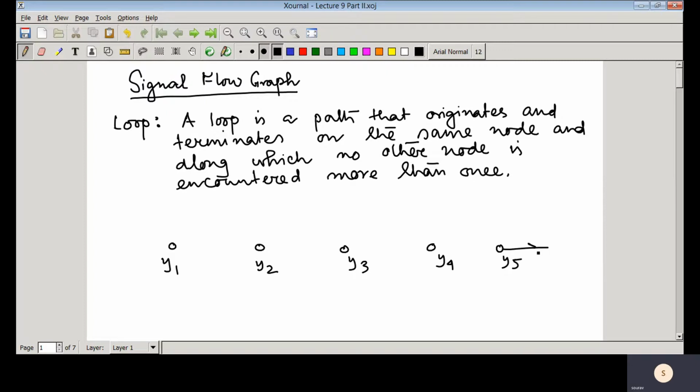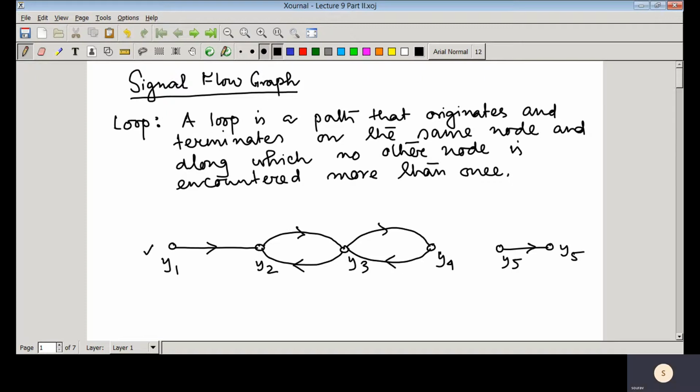Here you can take y5 as the output node and this one as the input node. I am drawing the signal flow graph again.